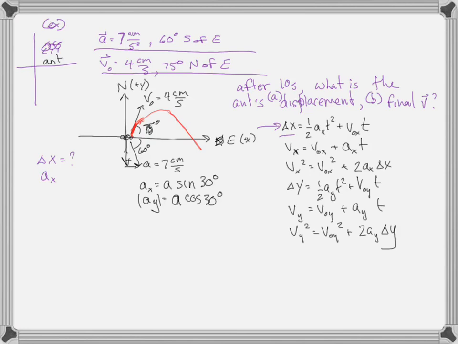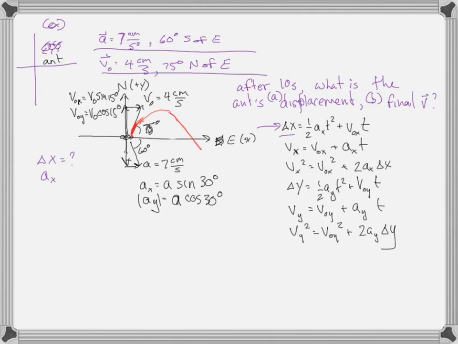Same thing with v0. v0 has a y component and an x component, and v0x, go ahead and do the geometry of the right triangle. v0x is equal to v0 times the sine of 15 degrees, and v0y equals v0 times the cosine of 15 degrees.